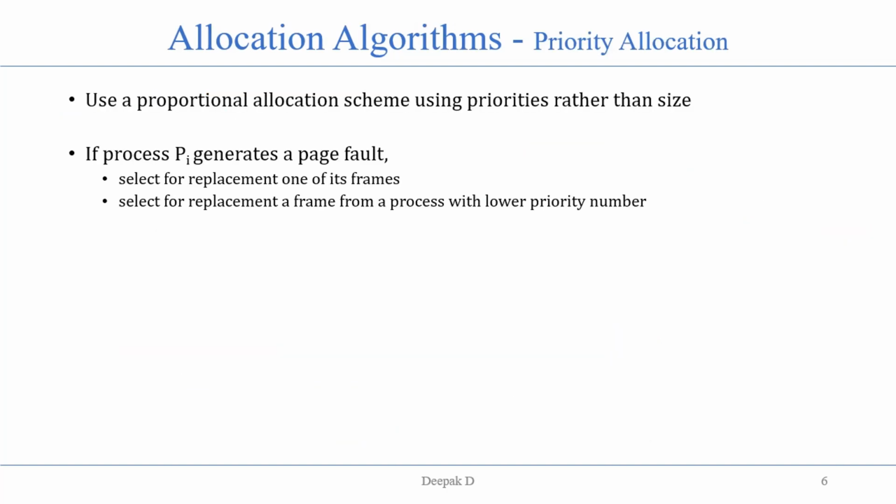The next algorithm is priority allocation. We have seen in the previous allocations, either equal or proportional, that the higher priority process and the lower priority process are both treated equally. But we want a higher priority process to be executed at a faster pace than a lower priority process.